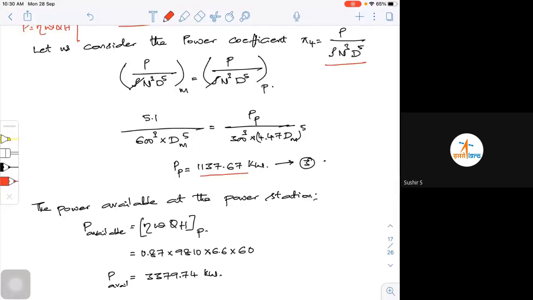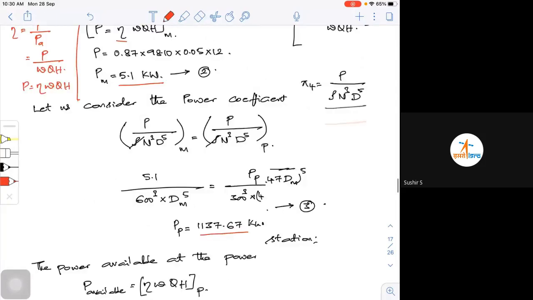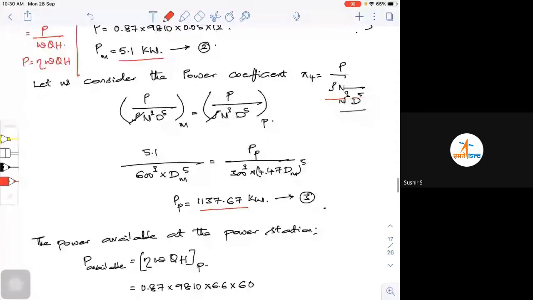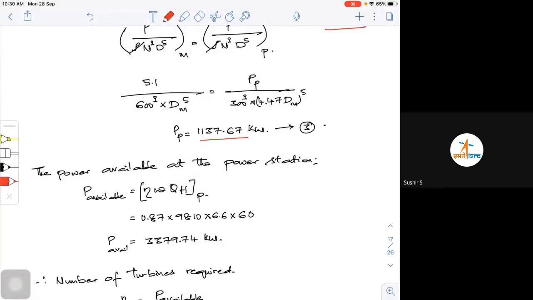So this is the power for the prototype. But what is the power available with the model? I'm going to use the same formula and try to calculate the power available with the prototype, which is 3379 or 3380. So this is the available power. But what is the prototype you are building? You are building a prototype which can give only 1137 kilowatts.